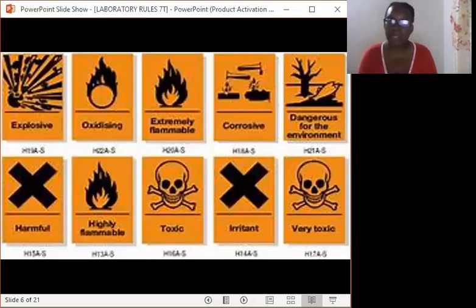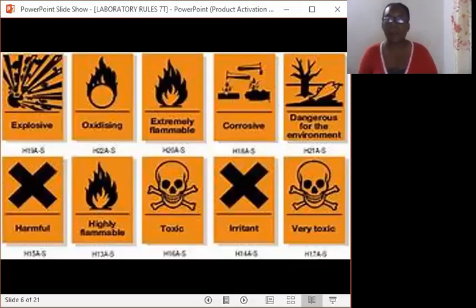Or you perhaps have an oil spill or other spill of chemicals, for example, from industrial factories that seep into the rivers and the oceans, and they kill the fish because they can't survive in a toxic environment. So that's dangerous for the environment. Chemicals with labels like that will cause danger to the environment.